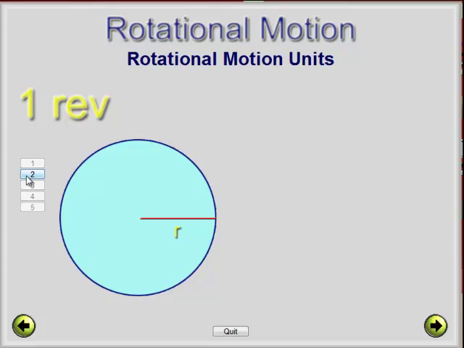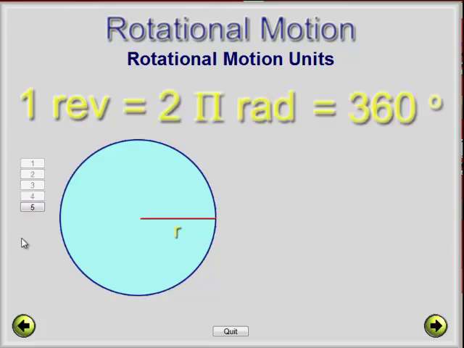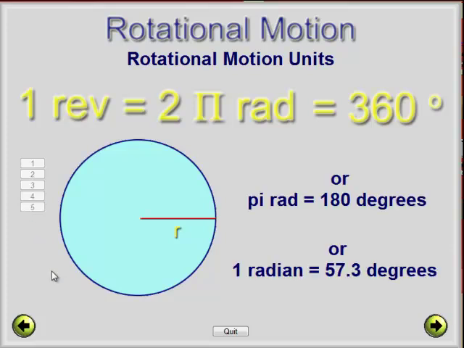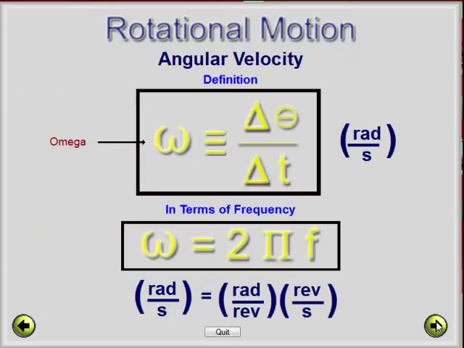Then we go through how we convert from degrees to radians. So you can see we're going through the equations for rotational motion.